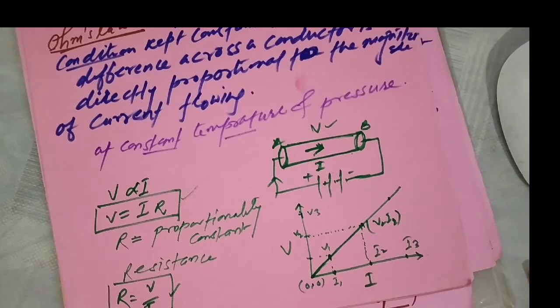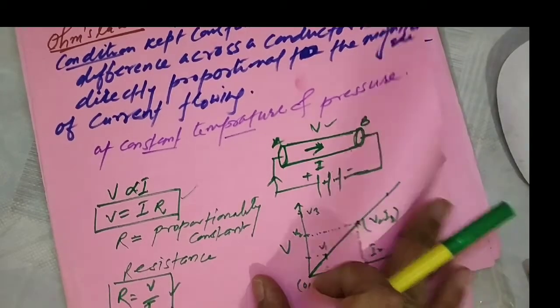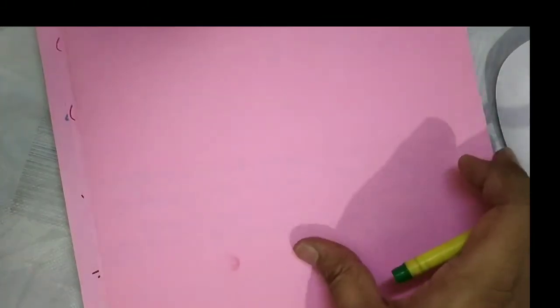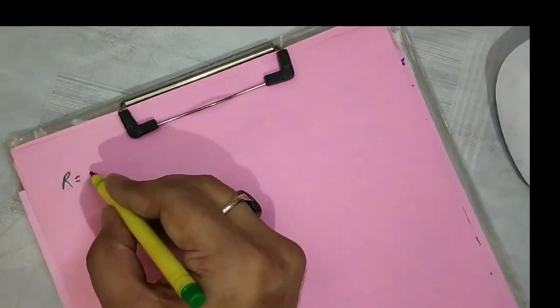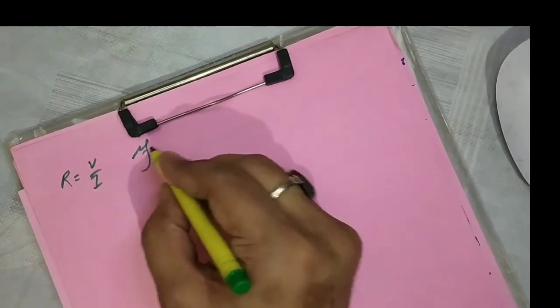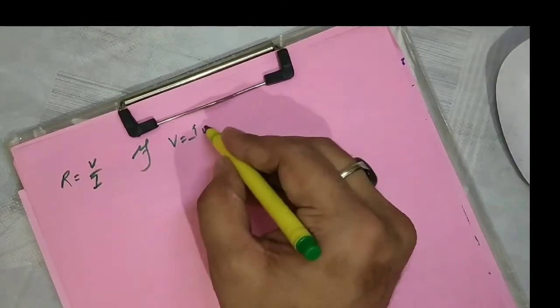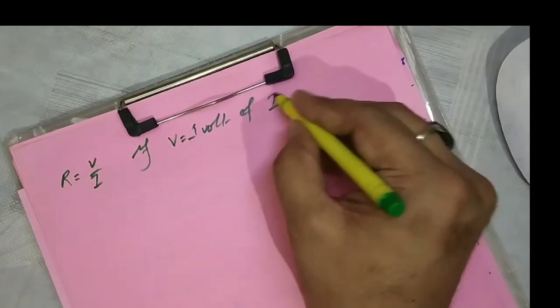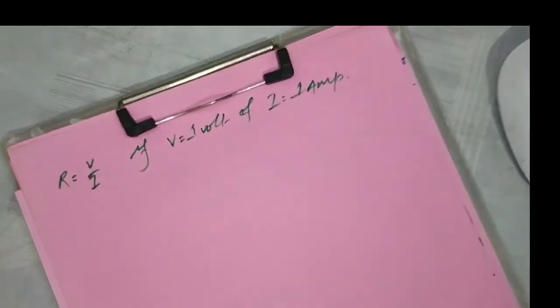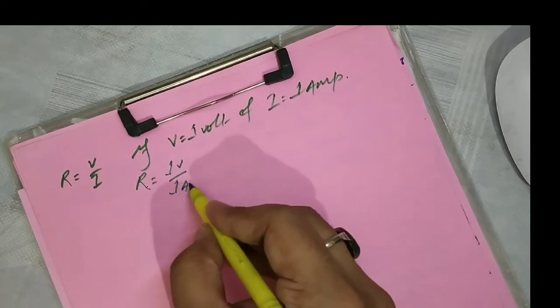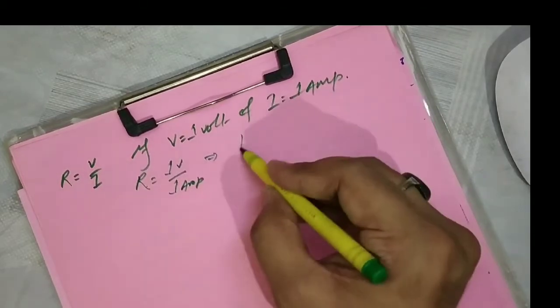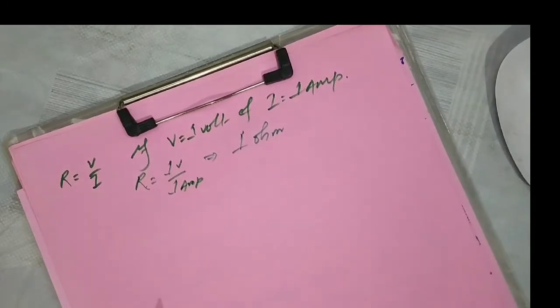Or we can say this sign R, we will go for it further. So resistance is V by I. If V is equal to 1 volt and I is 1 ampere, in this case the resistance will be 1 volt upon 1 ampere, and this is 1 ohm of resistance.